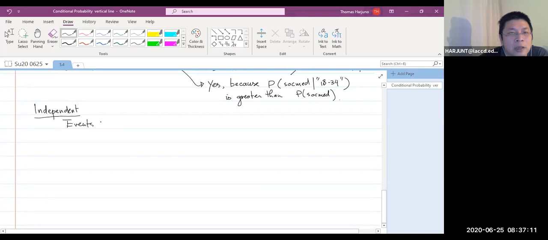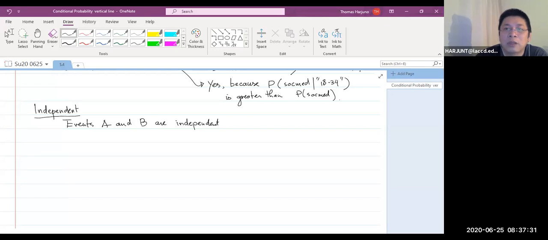Events A and B are independent. We know the definition from yesterday. The definition is that the likelihood for event A to occur is not influenced by the likelihood of event B to occur.